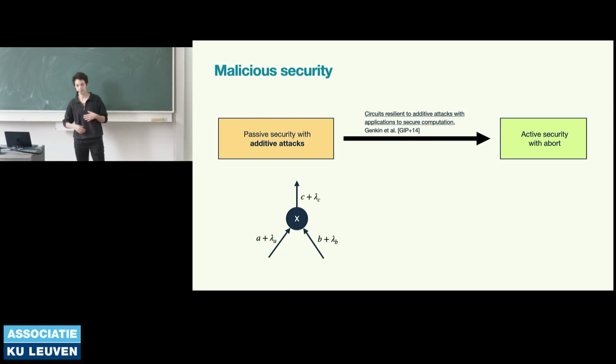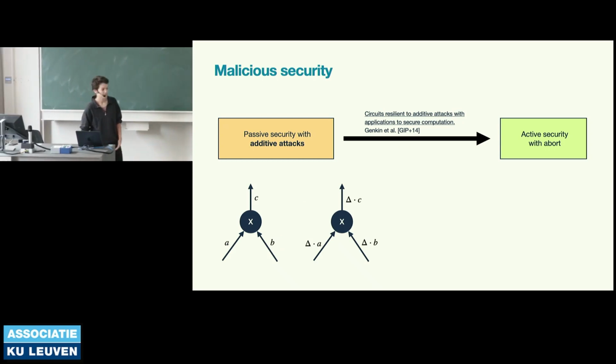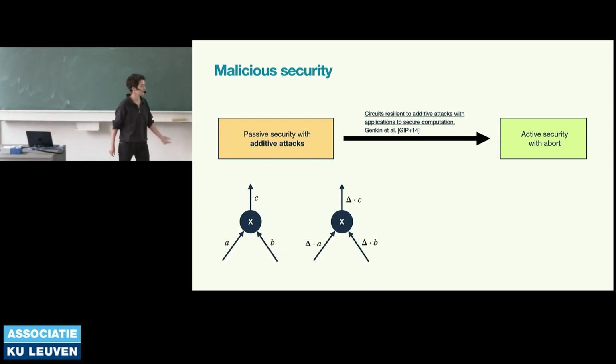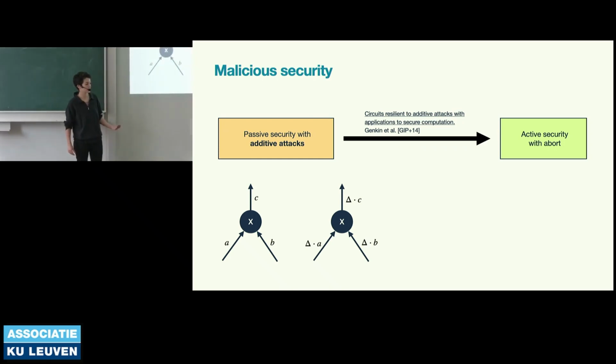So we can find a way to detect this type of additive errors. And the way this is done is by essentially running the same circuit twice. One of the times we run it on the actual inputs, and then we run it in parallel on this randomized version of the inputs.